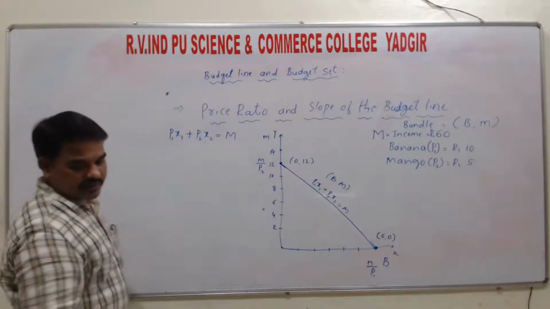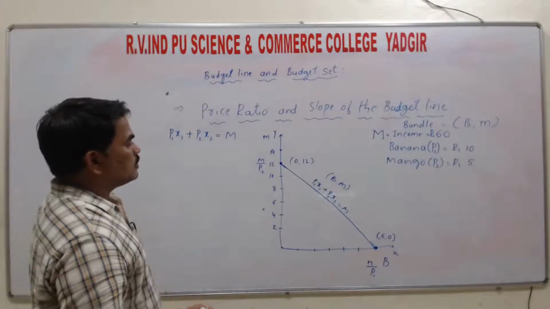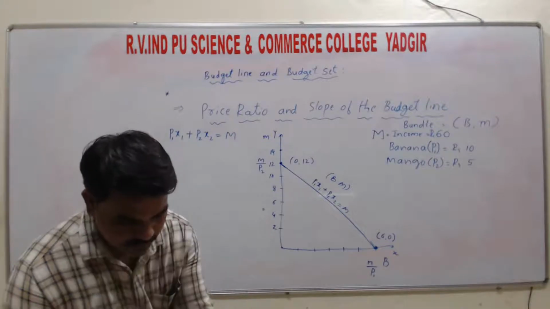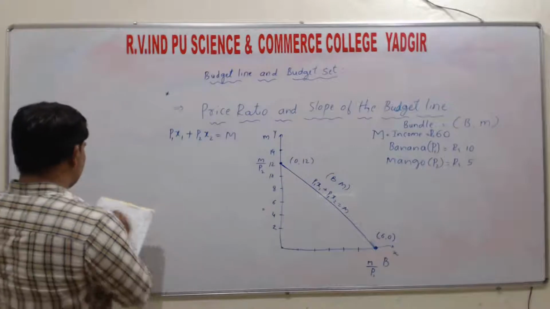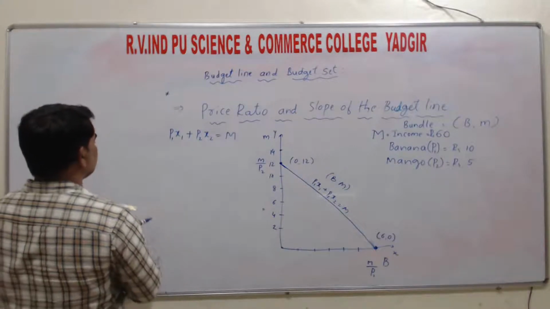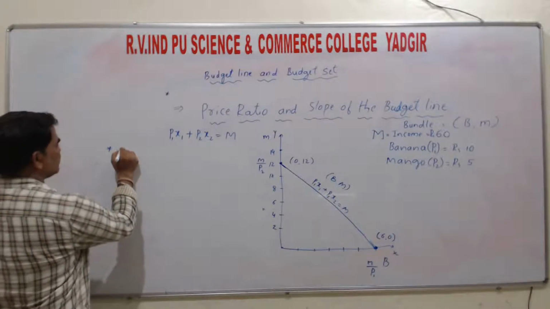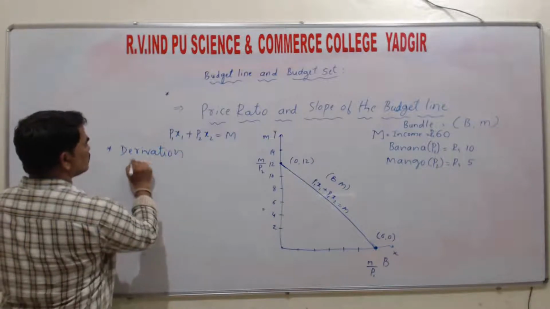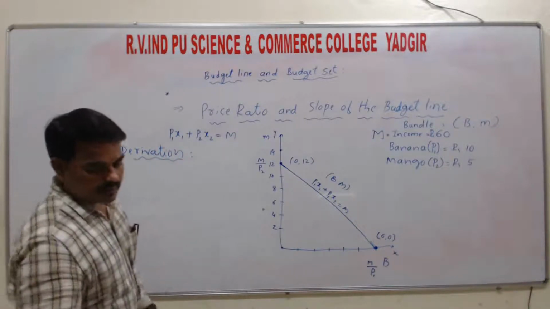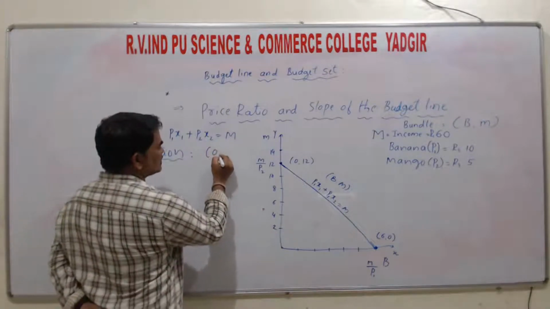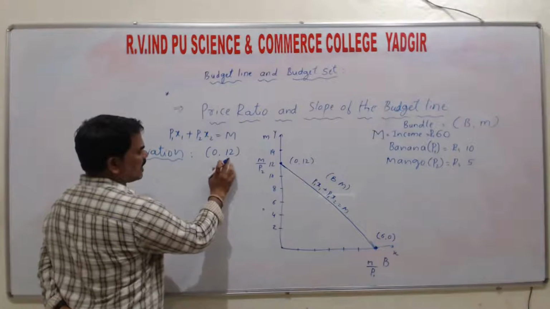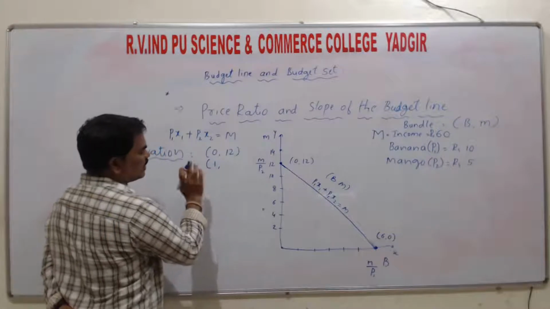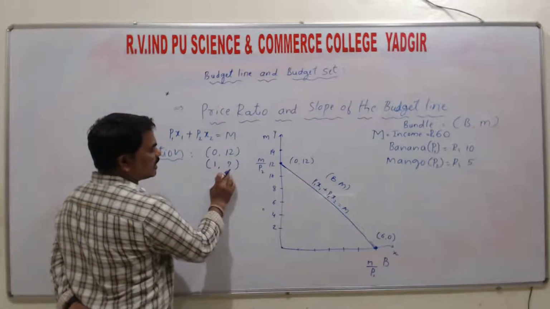So we need this, I'll keep it here. Now we have this derivation here. We'll find out that, so we were discussing this: 0 bananas, 12 mangoes. So to substitute one quantity of banana, what is the quantity he has to reduce?